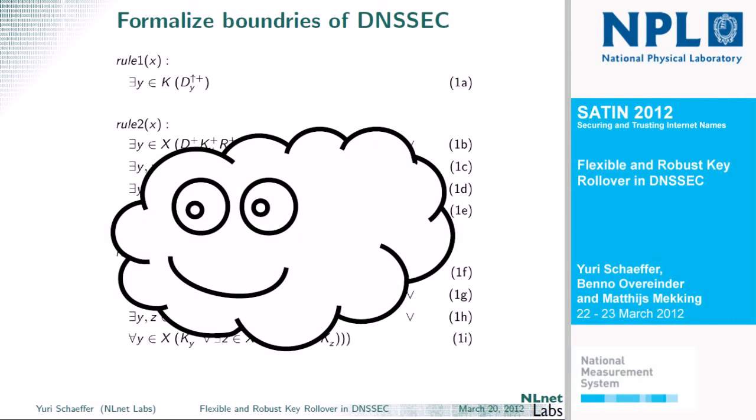What I do want to say about this is that these rules work on 3 levels. On the first level, there must be a DS in order to have something that validates in some state. A layer lower, we say, okay, if we have a DS, we also should have a DNS key in one of these states.